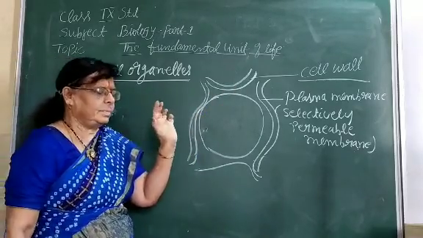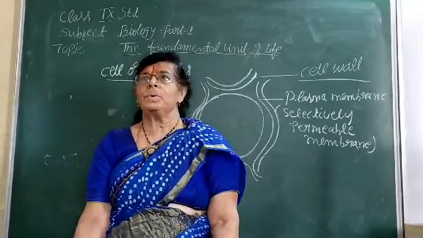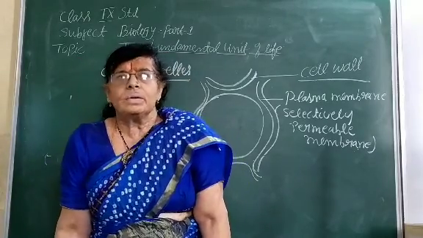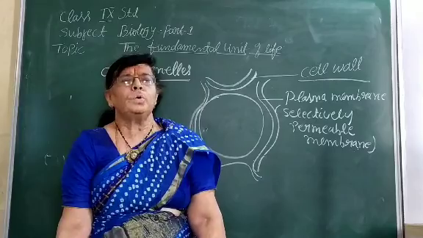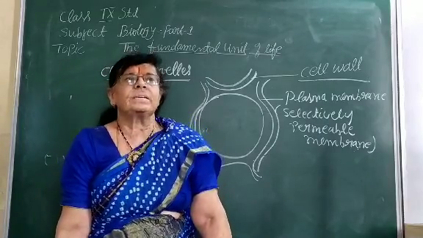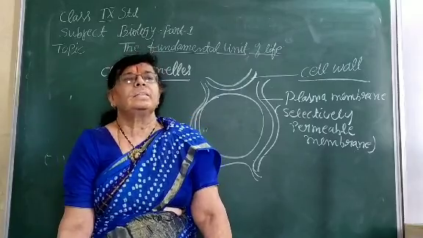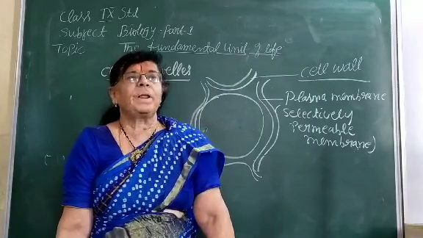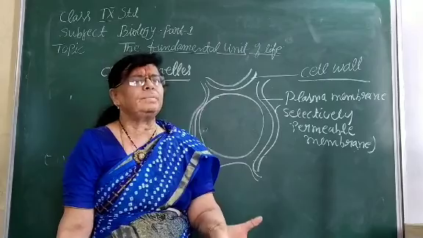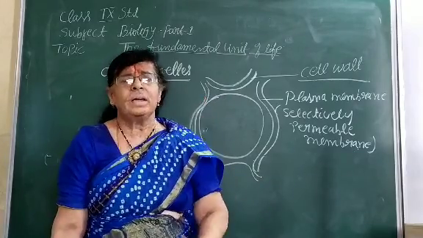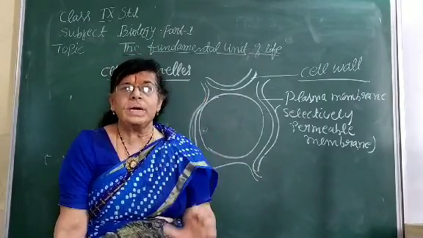Now, there is another important process in the plant cell. Sometimes, due to some disturbances, there are chances that the cell membrane and the entire content of the cell can get shrunken.